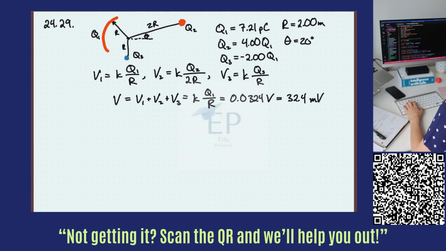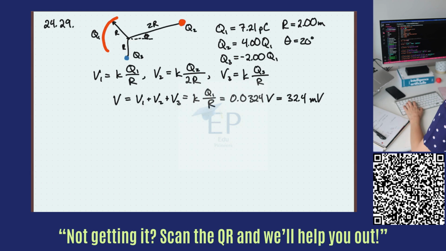And we get, let's see here, 1 q1 plus 4 minus 2. Why do I have, I think I just missed a factor of 3 here.